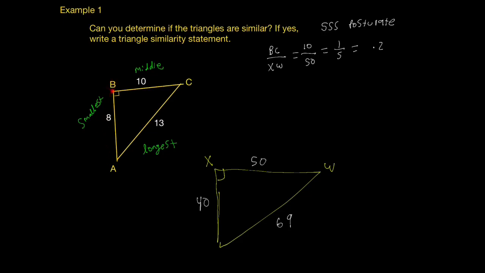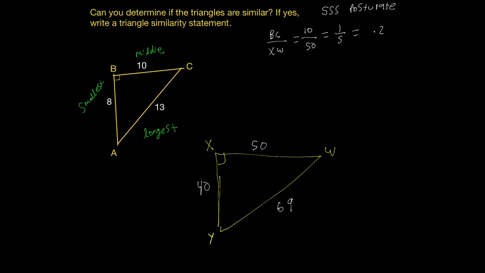So here we have BA, and BA corresponds to XY. So I'm going to get BA and then divide that by XY. BA has a value of 8, XY has a value of 40, and 8 over 40 is also 1/5, so we get 0.2 again. Now I have to check the last side, so that would be AC.